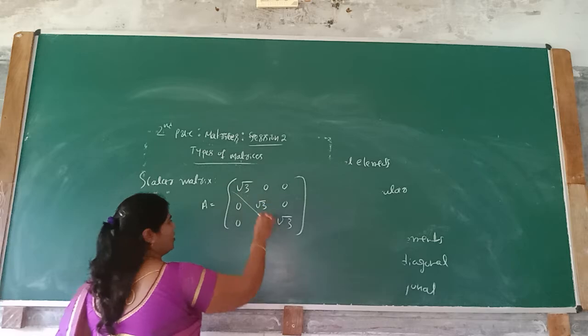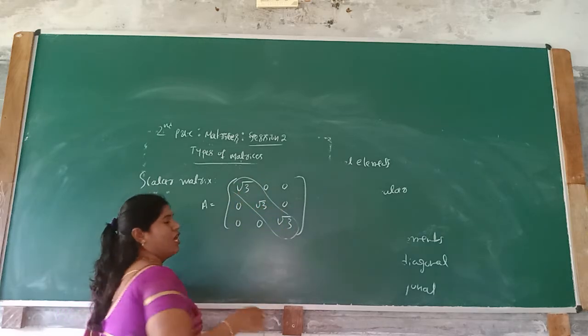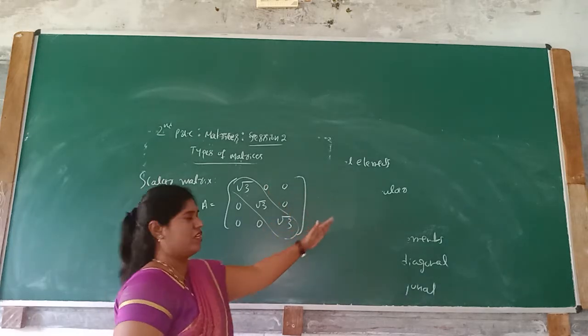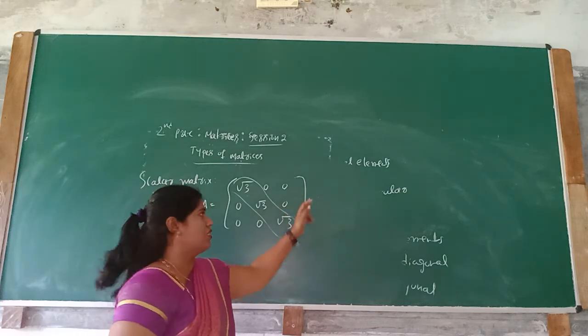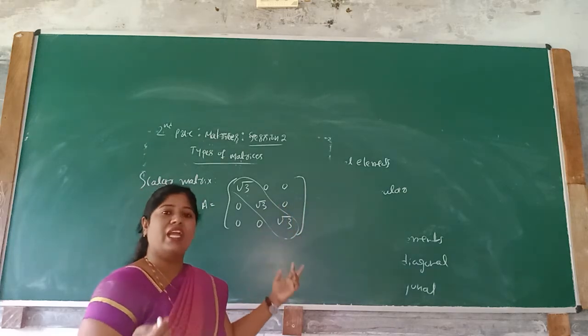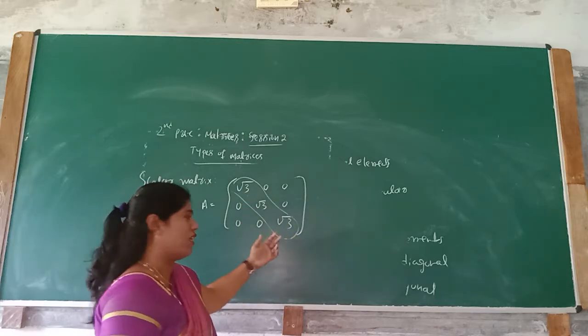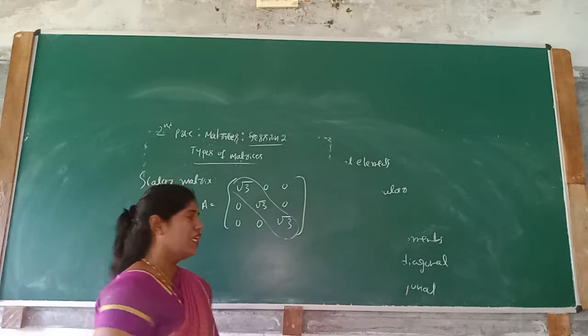The diagonal elements are root 3, root 3, root 3. The non-diagonal elements are in the upper triangular and lower triangular parts. These are the non-diagonal elements, and this is the principal diagonal. In a scalar matrix, the diagonal elements should be the same or equal.